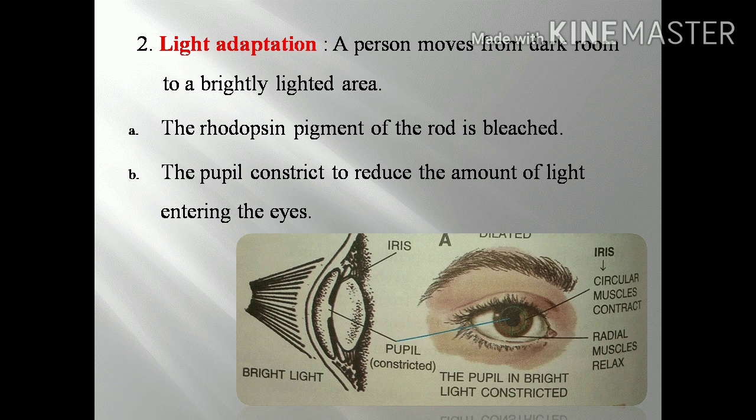A moonlight night means it is a dark area, so in that region rod cells become active, not the cone cells. Through cone cells only we can make out colors, so through rod cells we cannot. That's why during a moonlight night we cannot identify the colors of the flowers in the garden, because in that condition rod cells become active and cone cells become inactive.